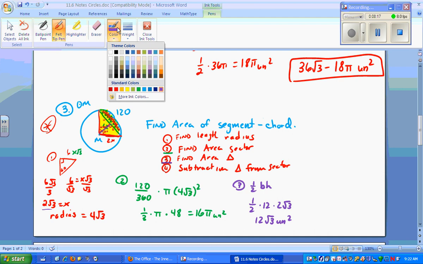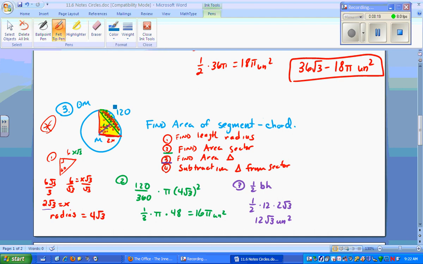Our whole goal, once again, was to get just this part right here. So we take the area of the sector, which was 16 pi, and subtract the area of the triangle, and we have our final answer of 16 pi minus 12 root 3 units squared.